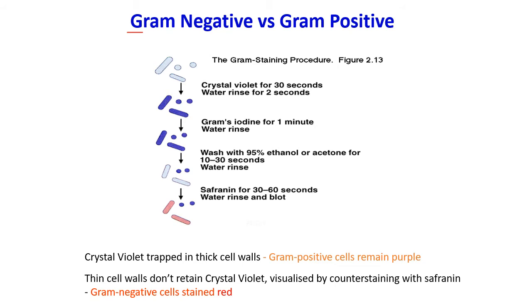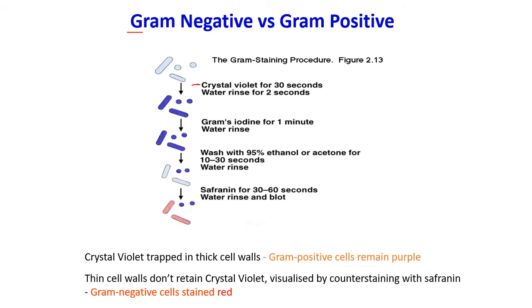What it involves is taking bacteria, normally allowing them to attach to a surface, and adding a dye called crystal violet, which is an organic dye with a deep purple colour. You add it for 30 seconds, then rinse water over it, and then you add iodine to help fix the dye. Then you wash in ethanol and acetone to remove any non-bound dye.